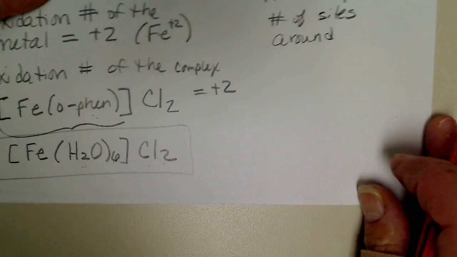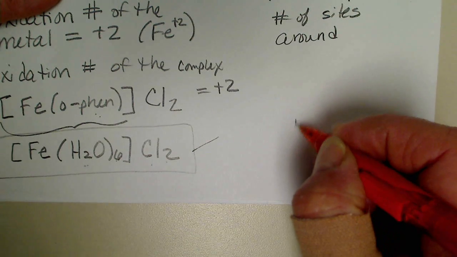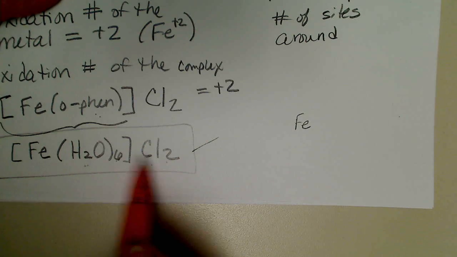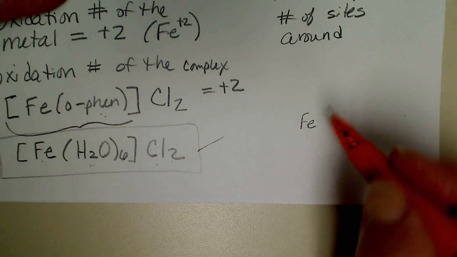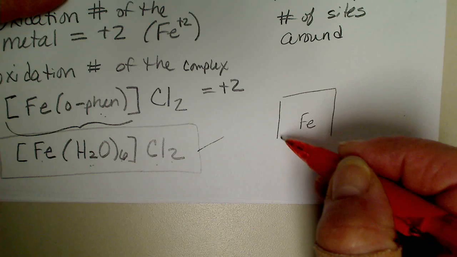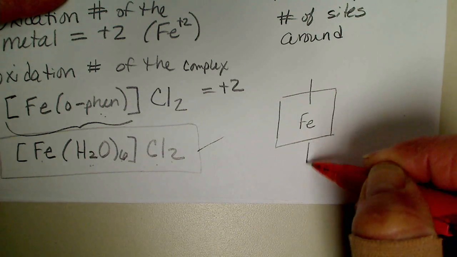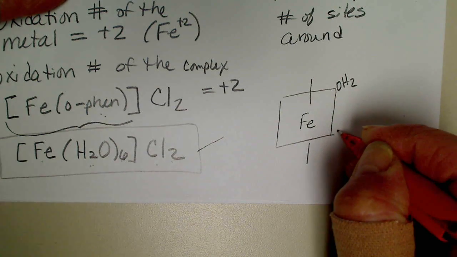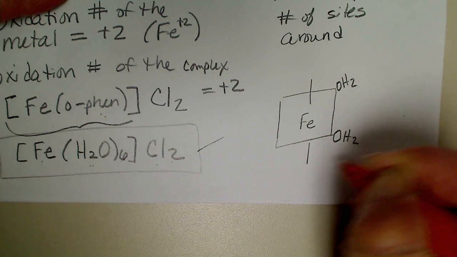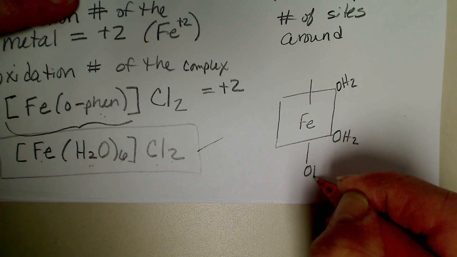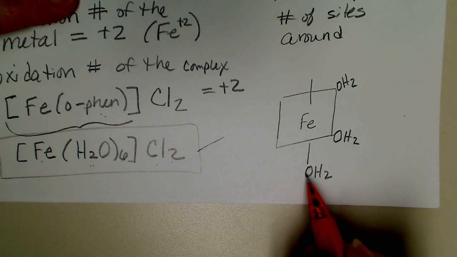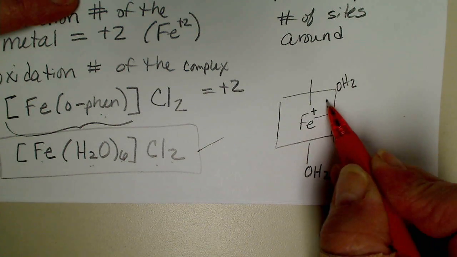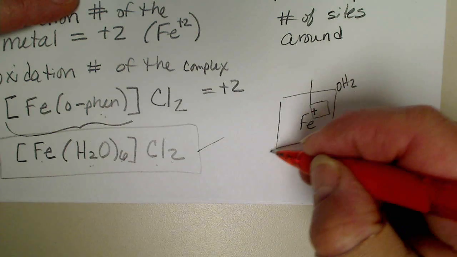So if we were to draw that complex over here, we put iron in the middle. And let's say we did not know the charge on the iron. And the way we would figure that out is the anions. So I'm going to show the oxygen actually coordinating the metal because the lone pairs on the oxygen are attracted to this plus. And we're going to figure that out even though we know it already.